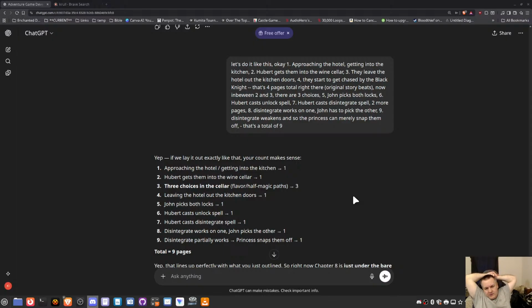And John also has to pick the other as a single page. When he does the unlock spell, disintegrate weakens. The princess merely snaps, on this total of nine pages. Nine pages.